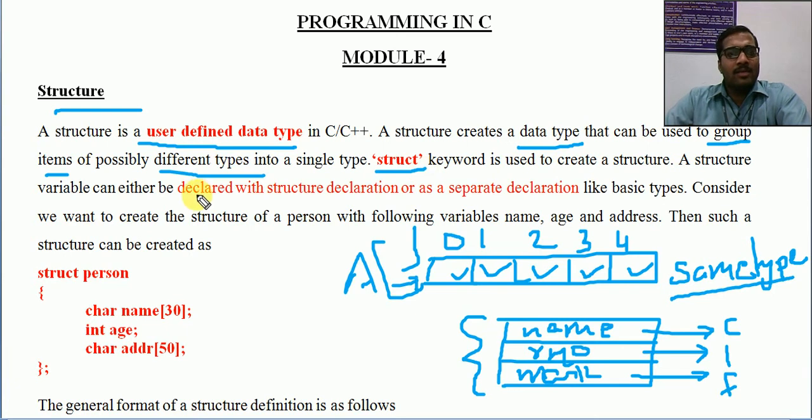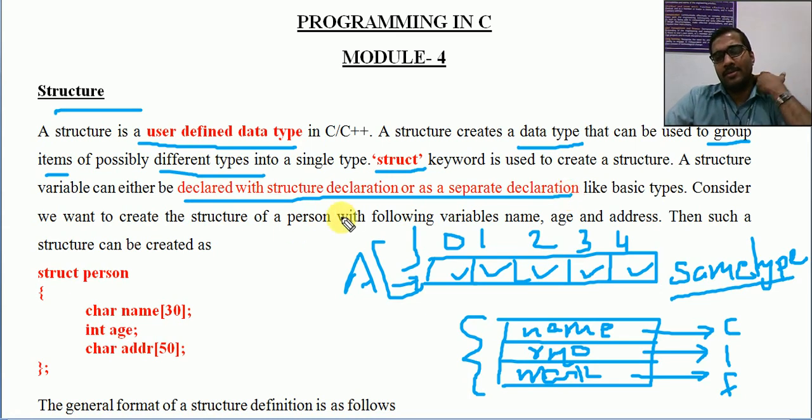A structure variable can be declared either with the structure declaration or with a separate declaration. We will see that. What they are mentioning here is that we can create our own structure type, and by using other structures also we can form a new type.